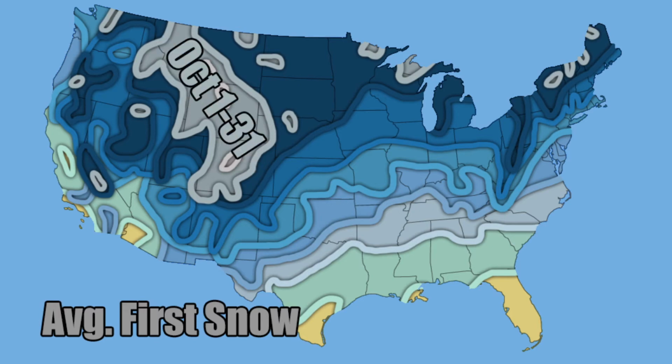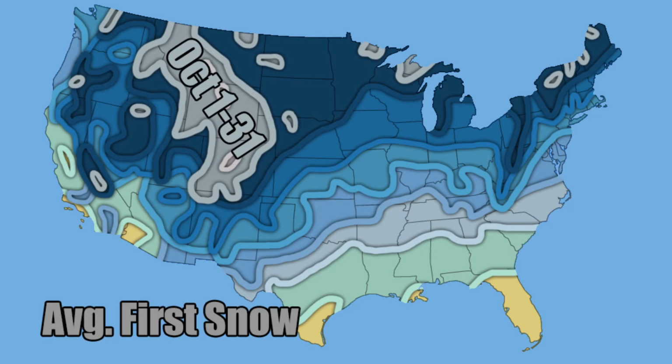Now, in this kind of grayish region, where you see a lot of little areas throughout parts of the Sierras, also into northeast Nevada, parts of Oregon, Washington, dotted throughout the northern Plains, a larger area around the Rockies, and then also parts of Minnesota, Wyoming, Wisconsin, into parts of the northern UP of Michigan, and also into parts of upstate New York, Vermont, New Hampshire, and Maine, they're seeing your average first snowfall between October 1st and 31st for many of these regions.